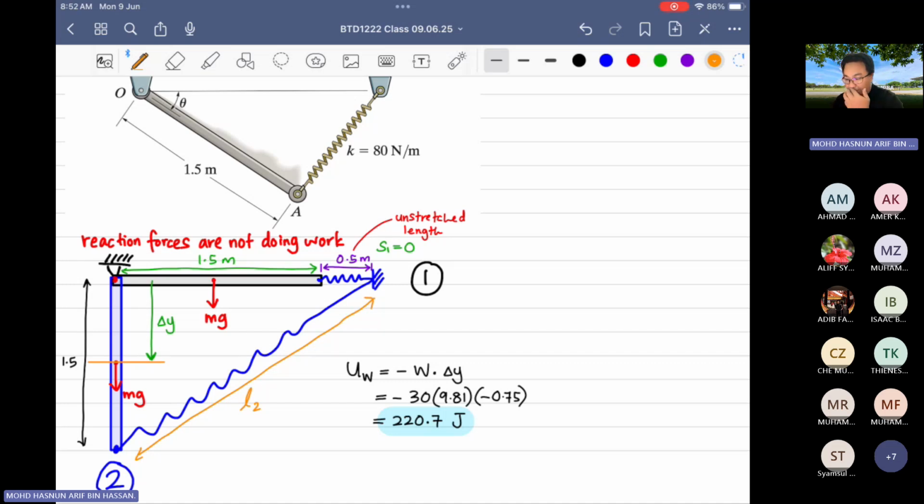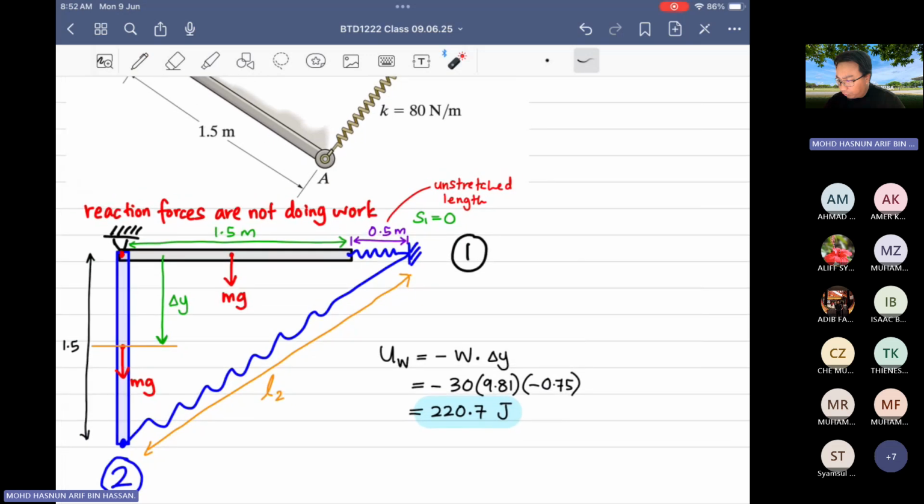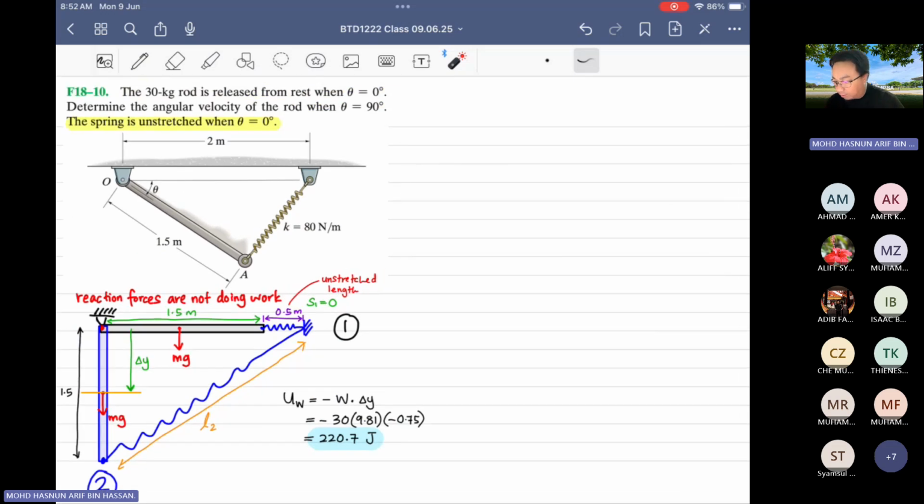So how do we find L2? If you can imagine a triangle here, we can find the length of L2 by taking out this triangle. So let's take out the triangle. We have a triangle like this.